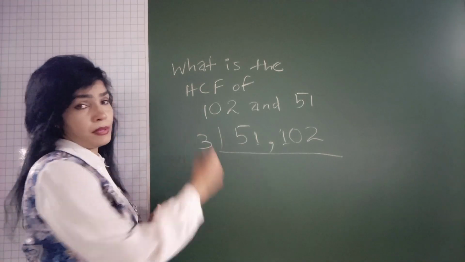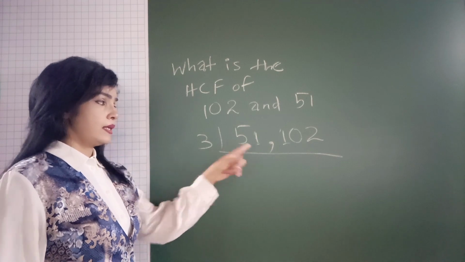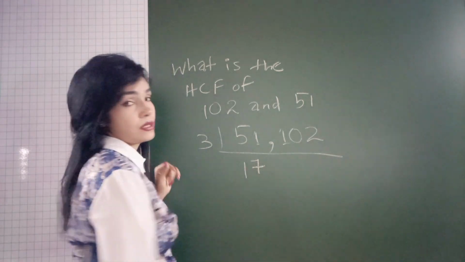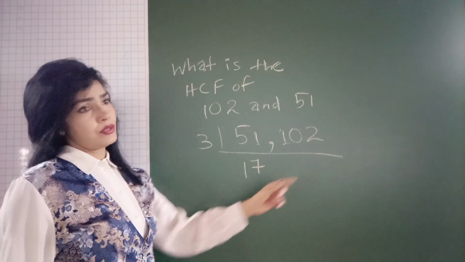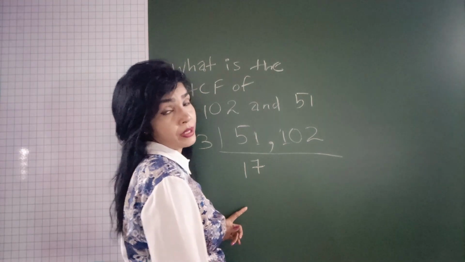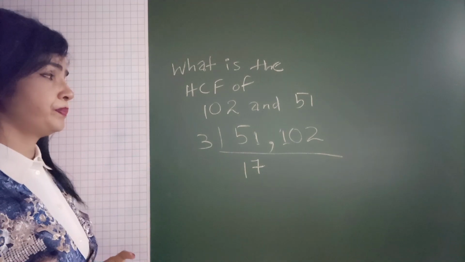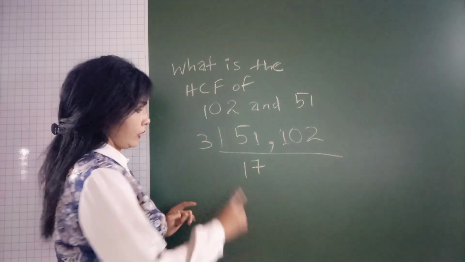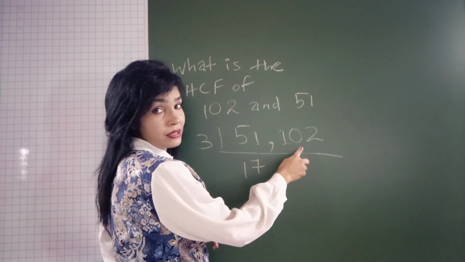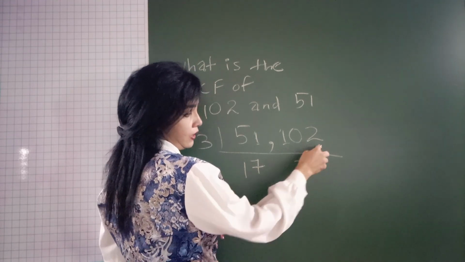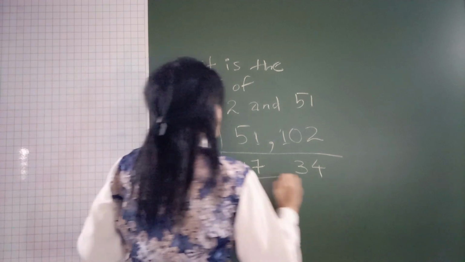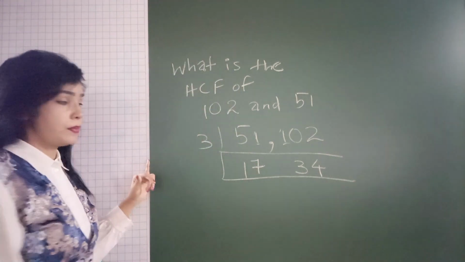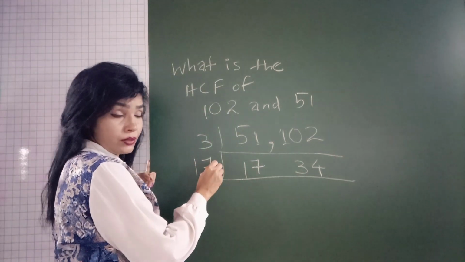Yes, it's divisible by 3. 3 times 17 is 51. If I take 102, in 10 how many 3s? 3. In 12 how many? 4. So 34.